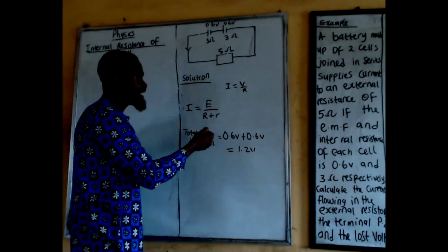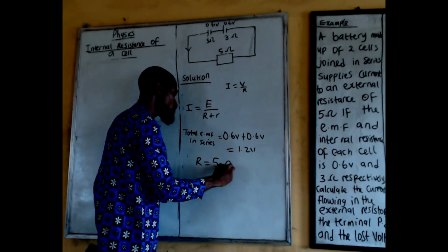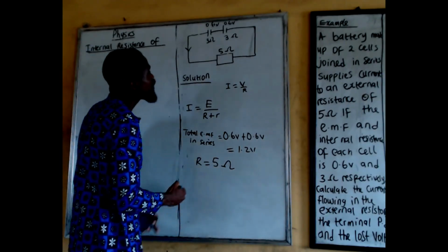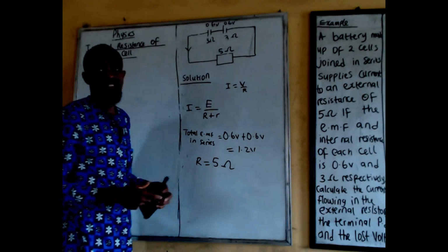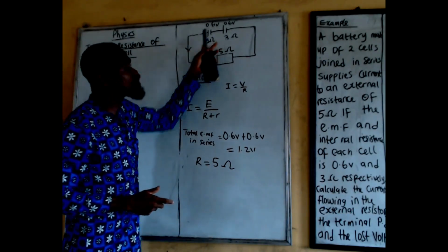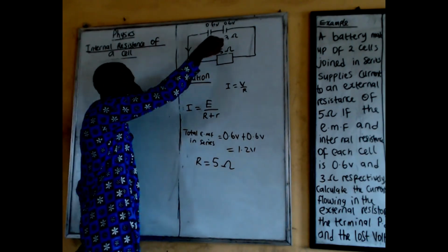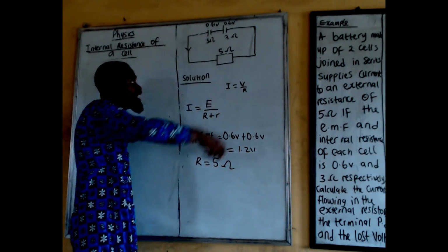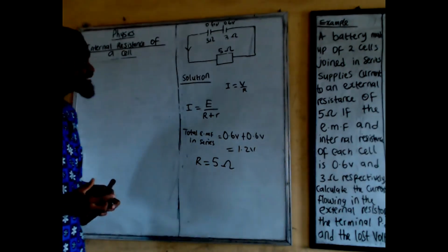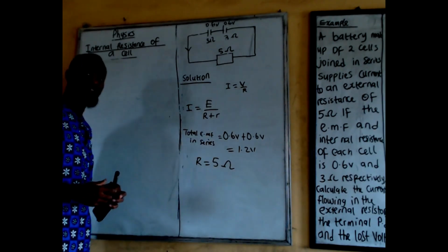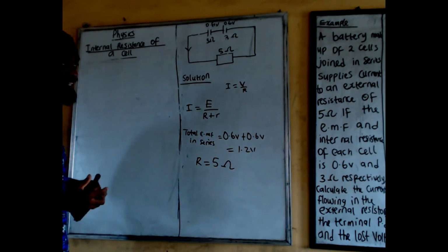Now, what about the resistance? The external resistance is given as 5 ohms. While for the internal resistance, we have two cells. One of the cells has its own internal resistance, and the other cell also has its own internal resistance. But the two cells are connected in series. So to get the equivalent internal resistance, you have to add them up with the series combination.